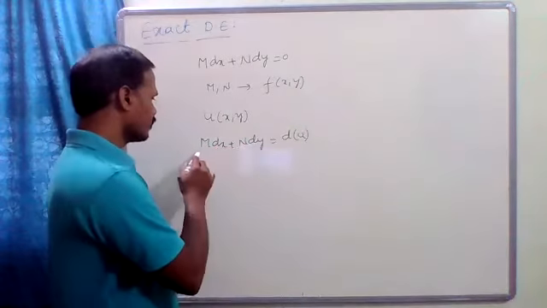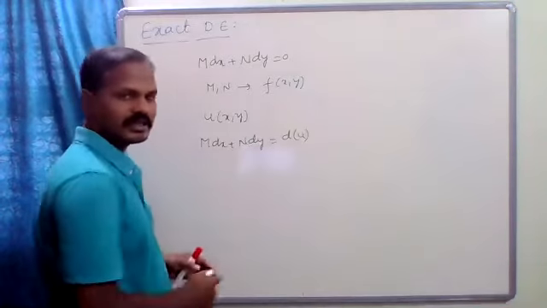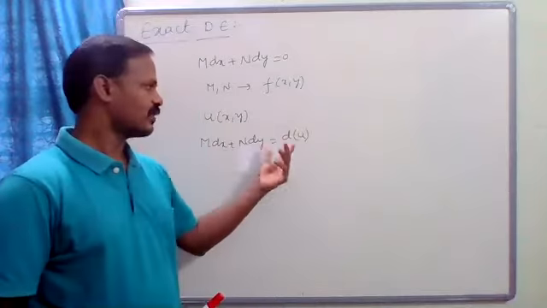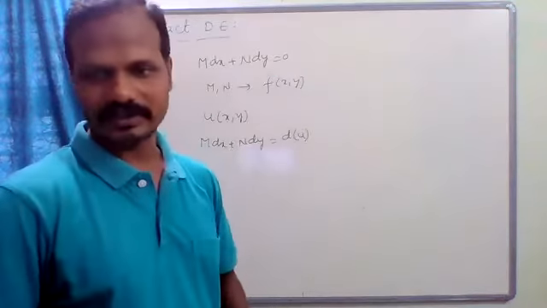So this total differential can be written as the differential of some function. If such a function exists, then this is called an exact differential equation.